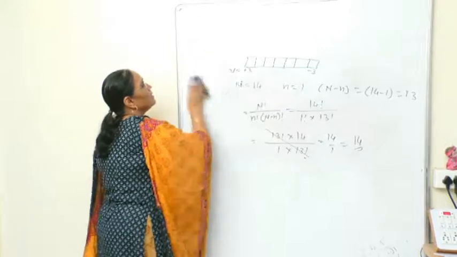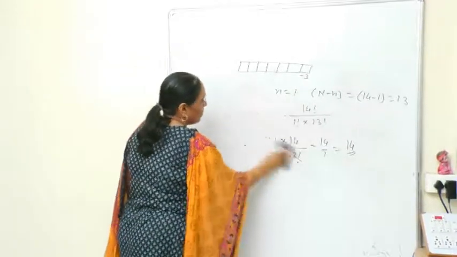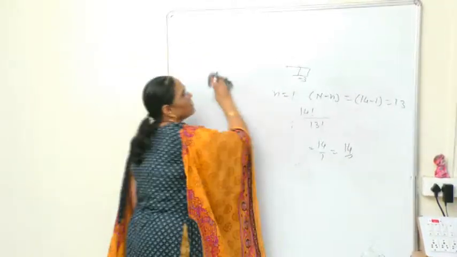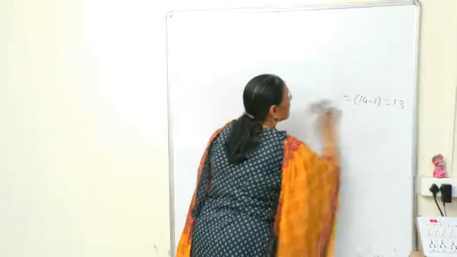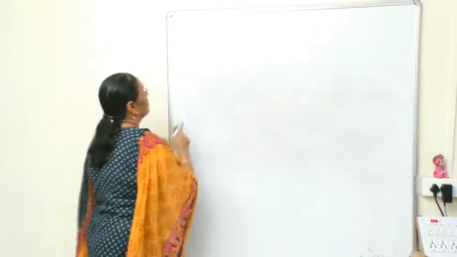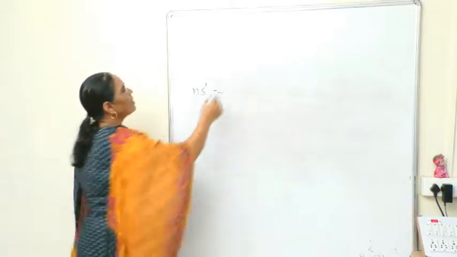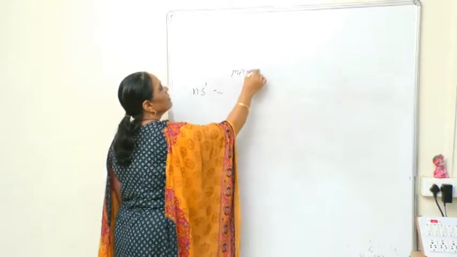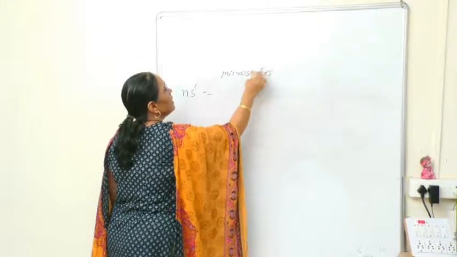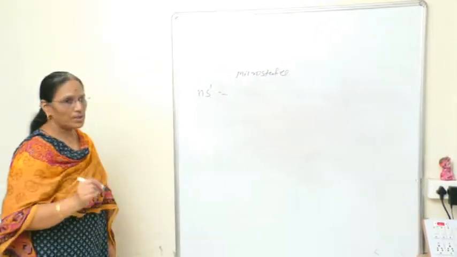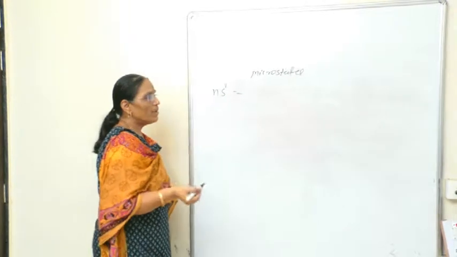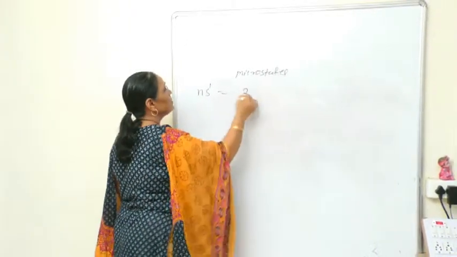So this is for a single electron. So for ns1 configuration, the total number of microstates possible, that is, representation of the electron with the help of ml and ms value, is 2.